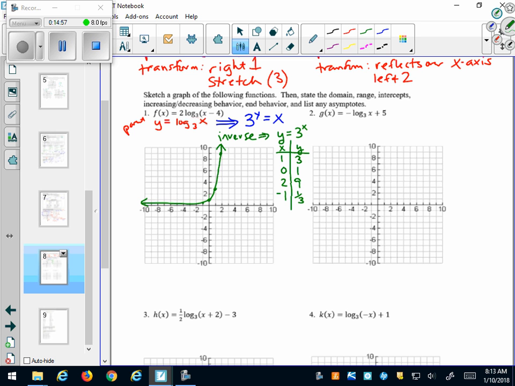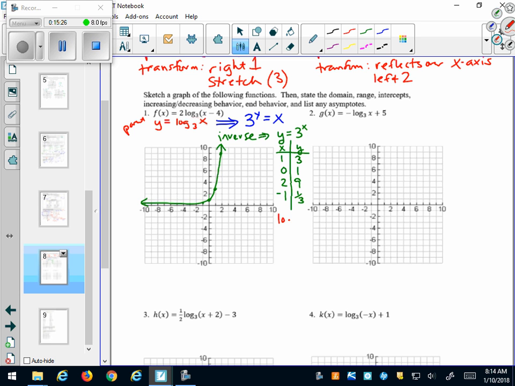You're going to see that all of these exponential graphs are really similar to each other. This looks a lot like 2 to the x that we kept graphing before. Now it's just 3 to the x, so it's a little bit different, but that's what the graph looks like. So the green graph now is the inverse. What we're really trying to graph is the parent function, which is log base 3 of x. So all we have to do is flip these values.